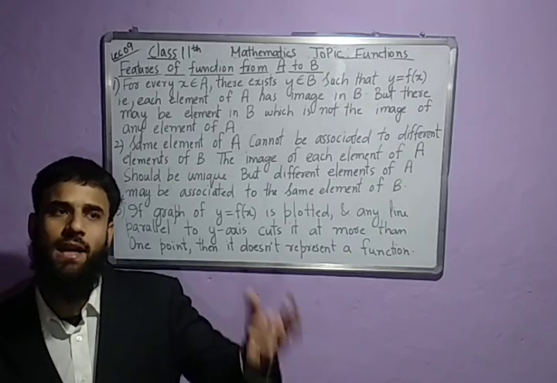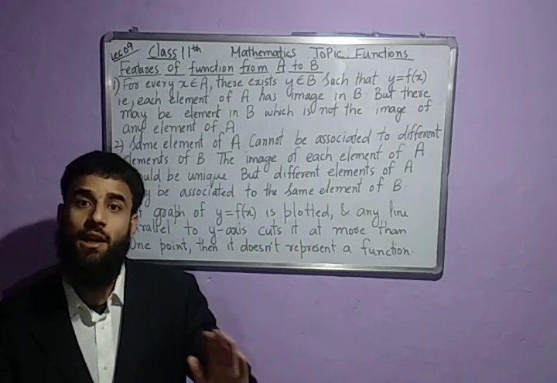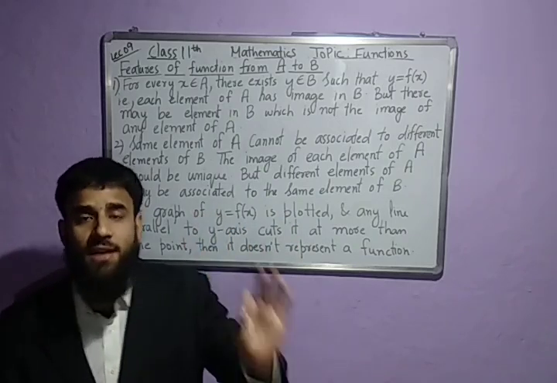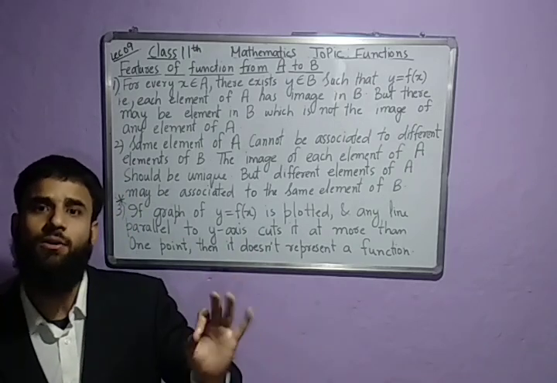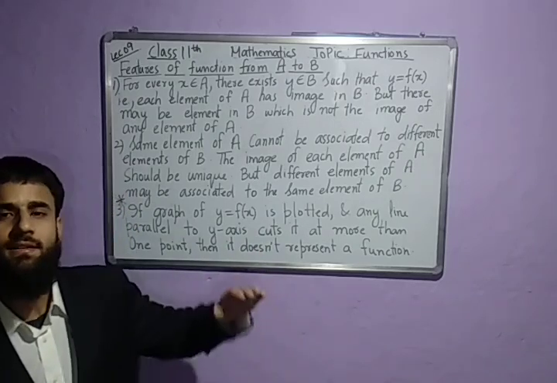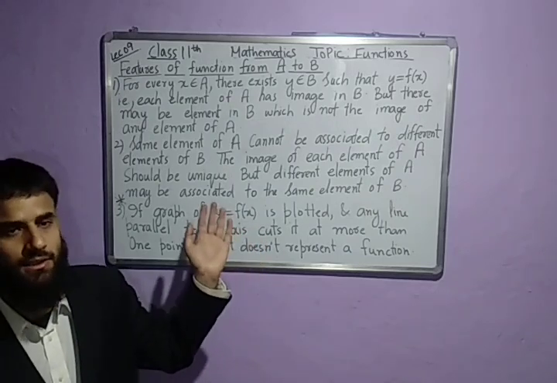If a line is drawn anywhere parallel to the y-axis, it should cut the graph at only one point. Only then can we say the given graph is the graph of a function.